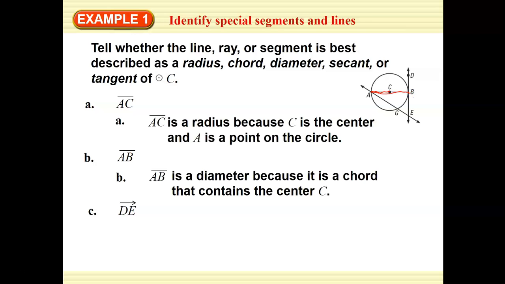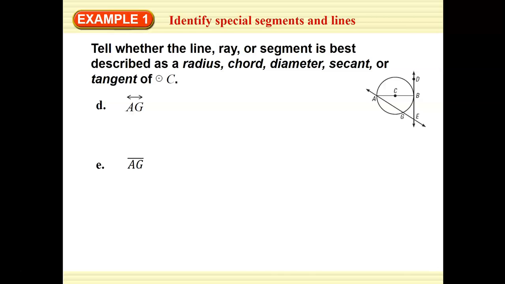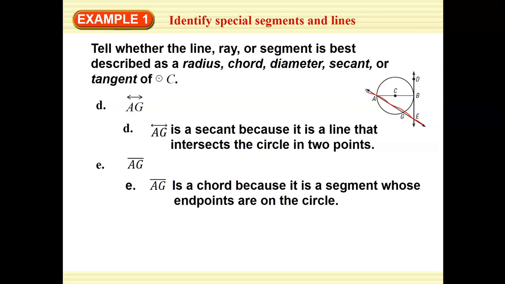And then ray DE, so that's over here, it touches the circle at just 1 point, so that is a tangent. AG, notice this one is line AG, so that goes through the circle at 2 points. And then we're looking at segment AG, which is a chord.